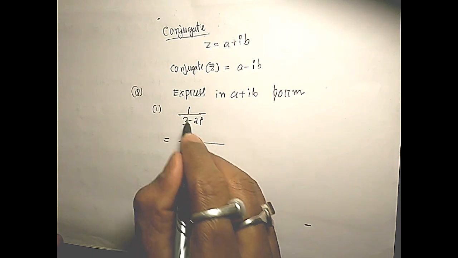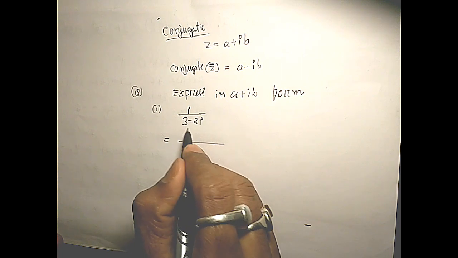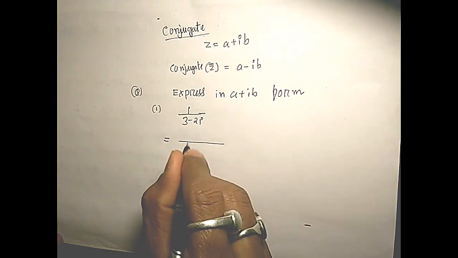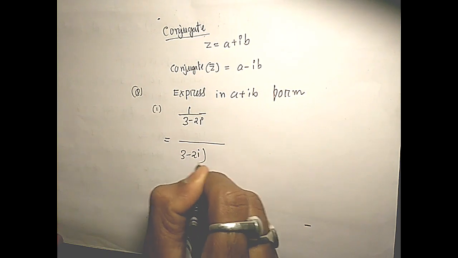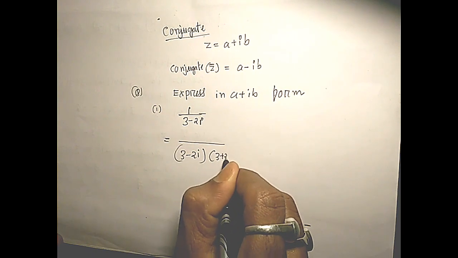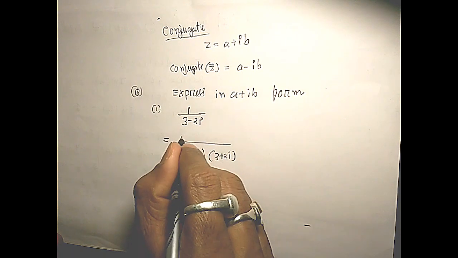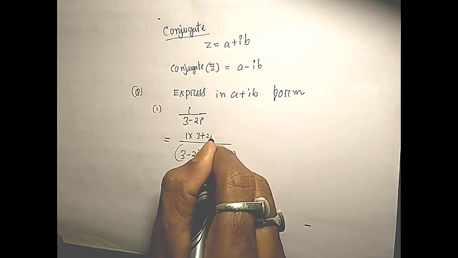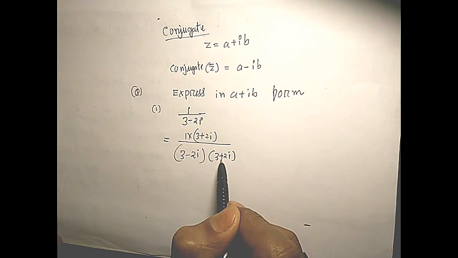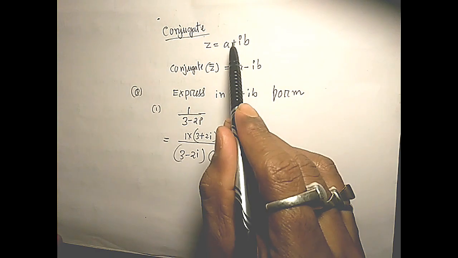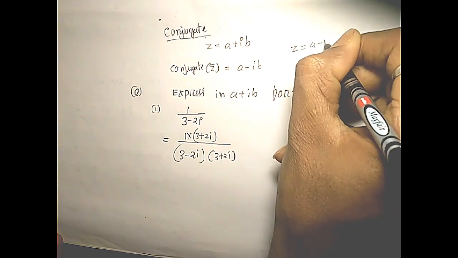Since 3 minus 2i is in the denominator, one thing we should remember: there should not be any imaginary part in the denominator. So we should convert the imaginary part into a real part. So 3 minus 2i should be multiplied by its conjugate, 3 plus 2i, because 3 plus 2i is the conjugate of 3 minus 2i. When an imaginary number is in the denominator, we should multiply by its conjugate.